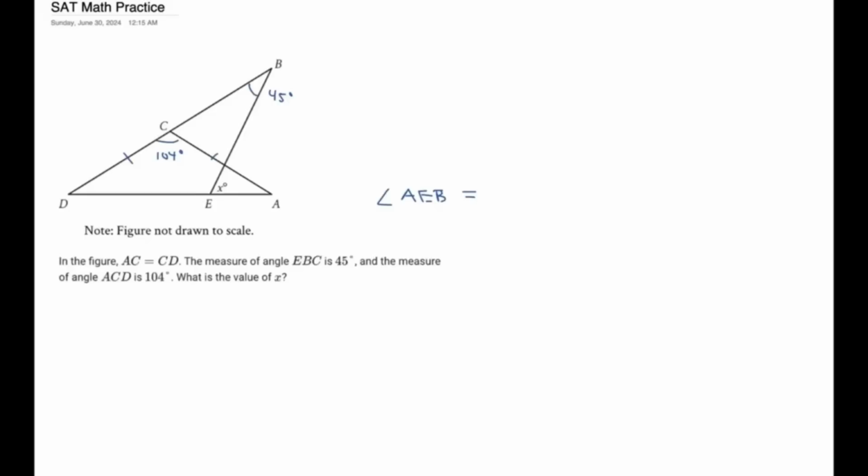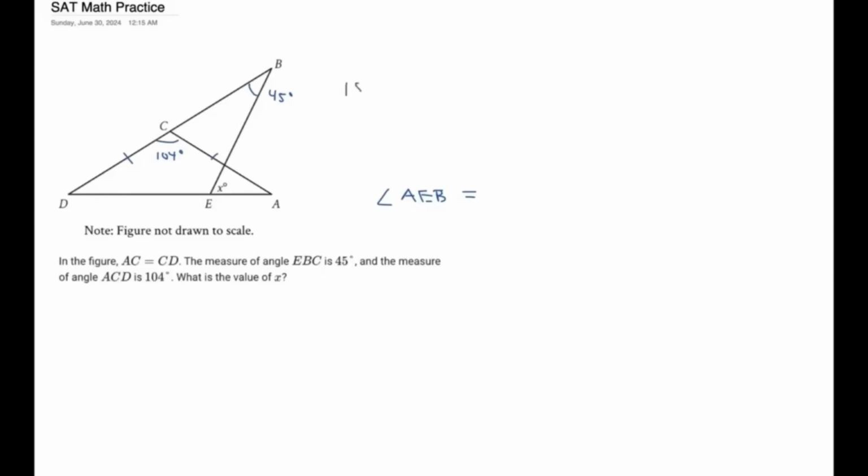So first off, they tell us that AC equals CD. So this triangle right here, triangle ADC, is an isosceles triangle, right? Because these two side lengths are equal, we know that these angles, angle D and angle A, are going to be equal to each other.